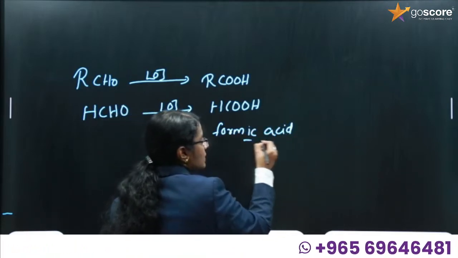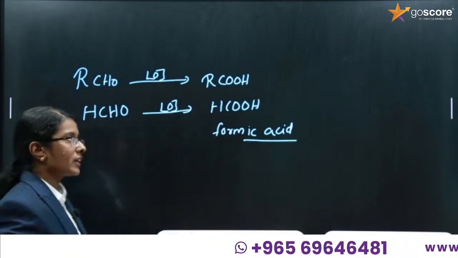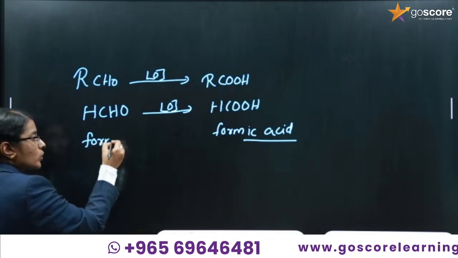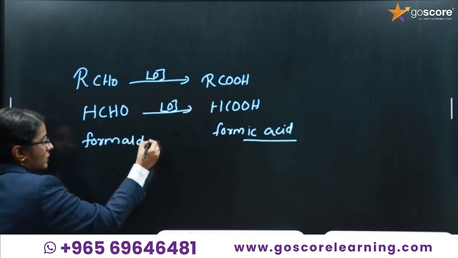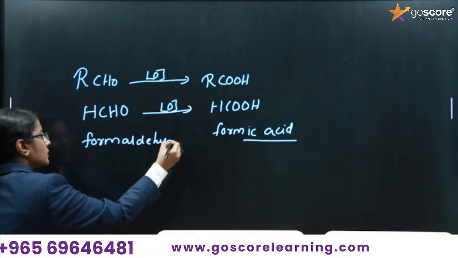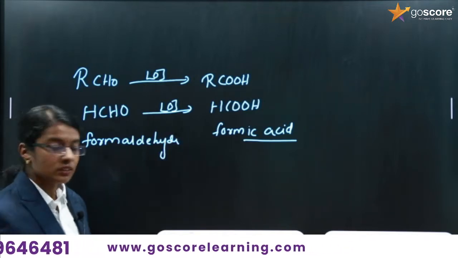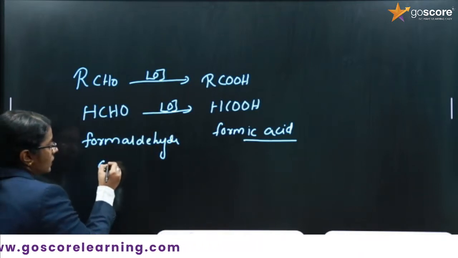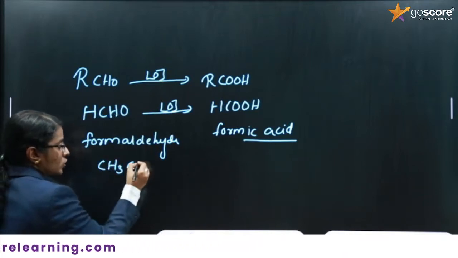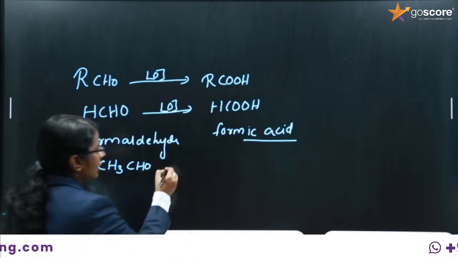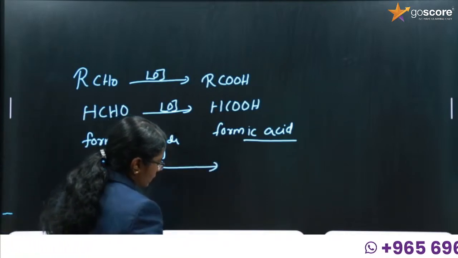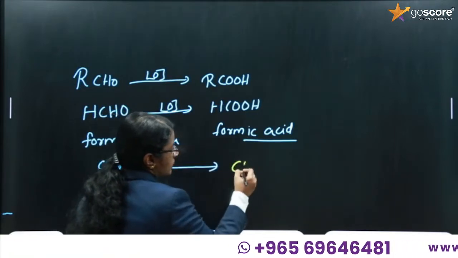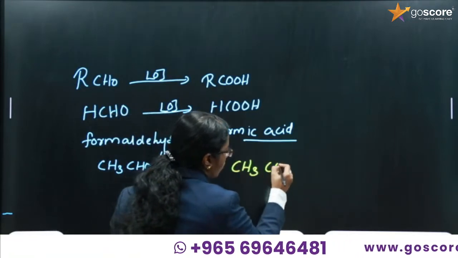The "ic acid" will be replaced by "aldehyde". So the corresponding aldehyde will be formaldehyde. Is that clear? Another example: CH3CHO, on oxidation you will get CH3COOH.